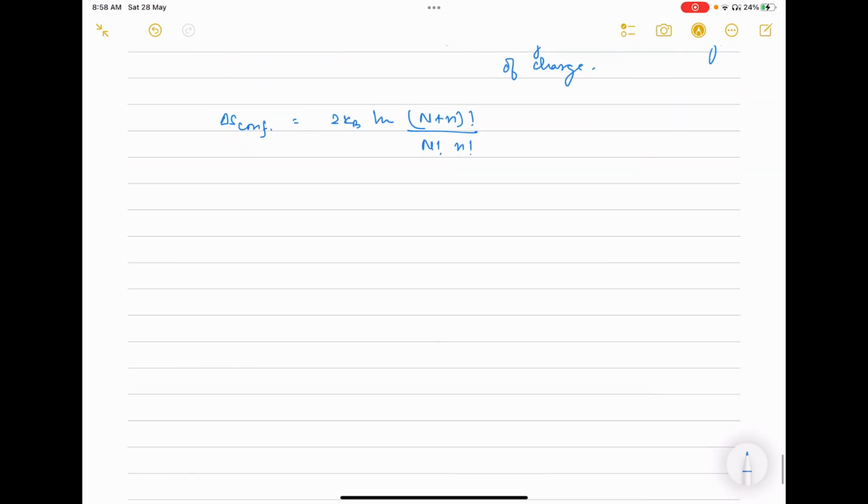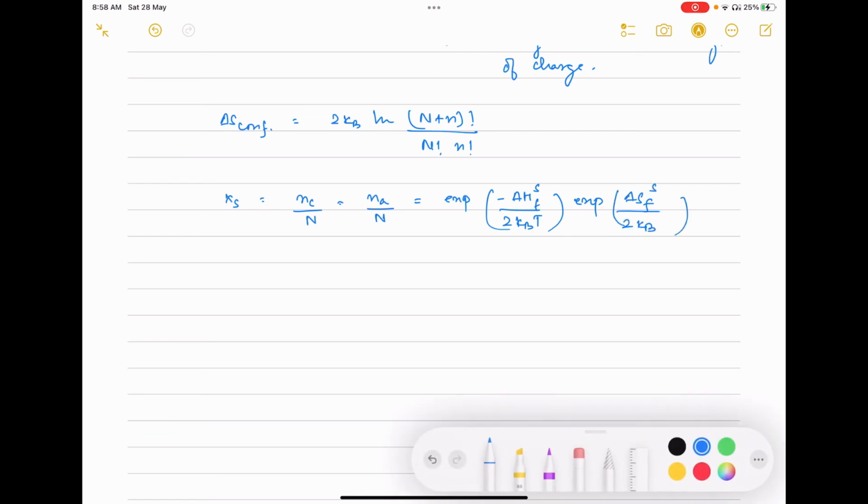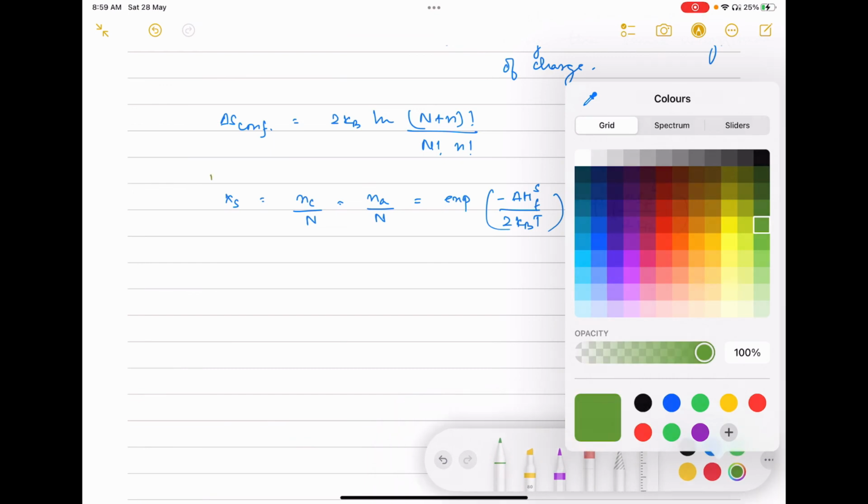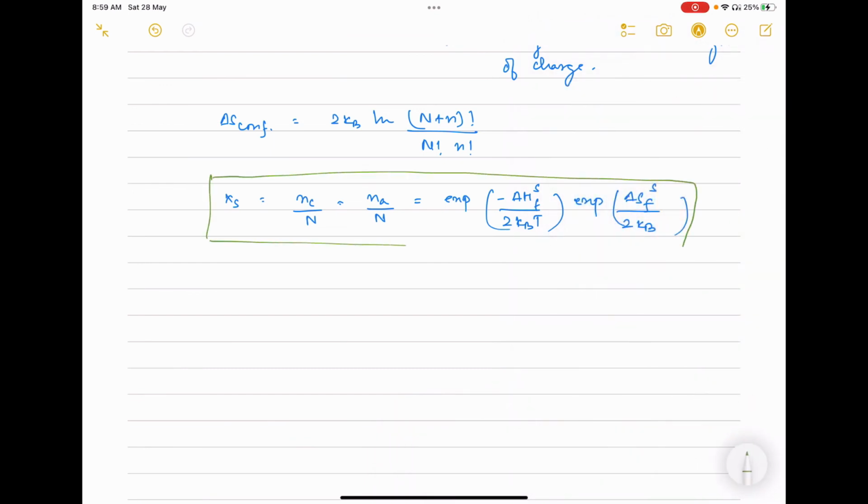So then the equilibrium fraction of Schottky defects becomes nc by N equals na by N, and that is equal to exponential of minus ΔHF(Schottky) by 2kBT into exponential of ΔSF(Schottky) by 2kB. This is the expression for the equilibrium fraction of Schottky pair defect.